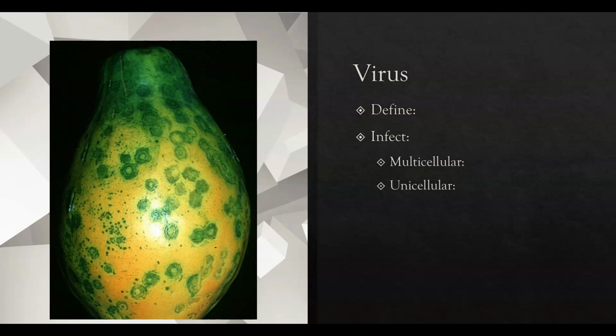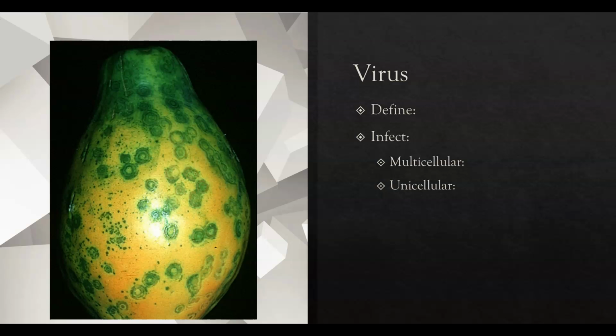They can infect just about any living thing. So multicellular things would be like you or the papaya that's in the picture. This papaya actually has a virus, called the ring spot virus, because it makes these little circles on the papayas. Basically all papayas were getting infected with this virus. It was very prolific. It was everywhere. So they actually changed the DNA of the papaya so that it would not be susceptible to this virus anymore.